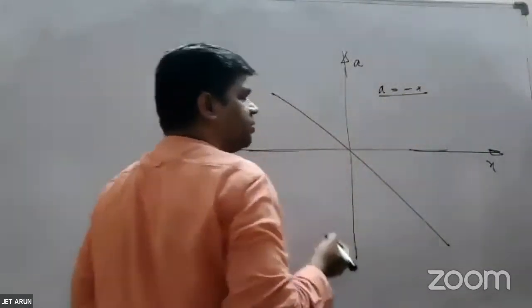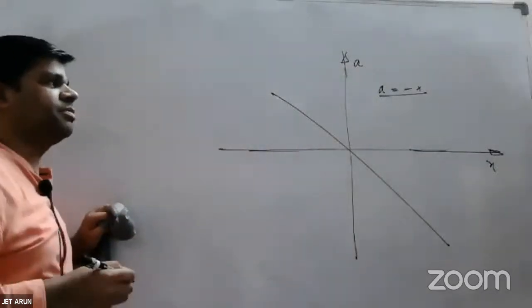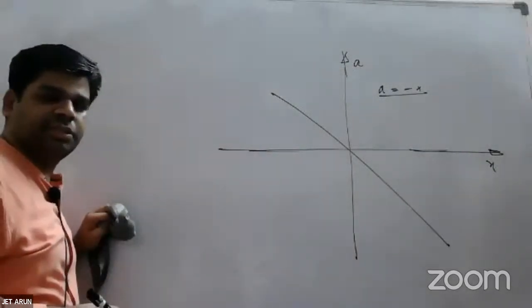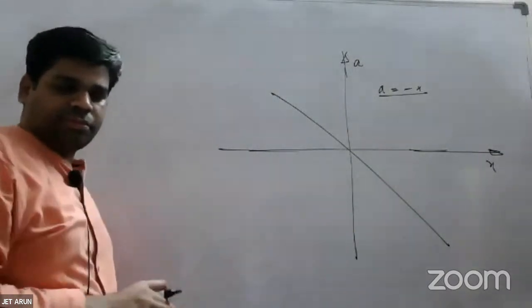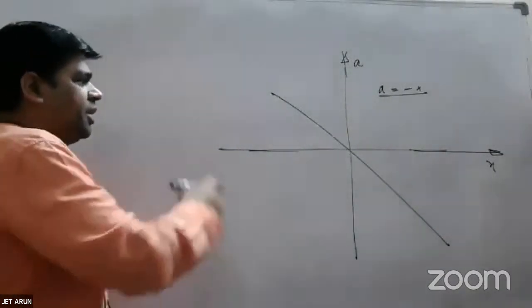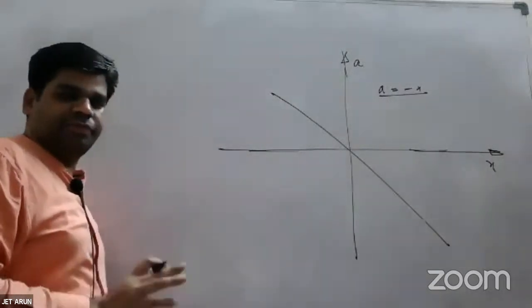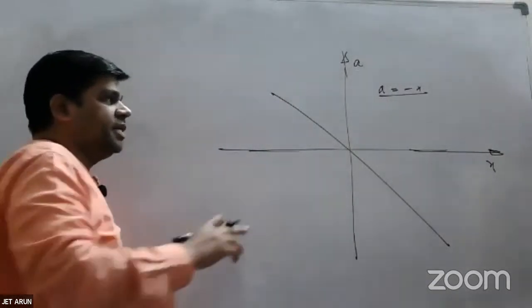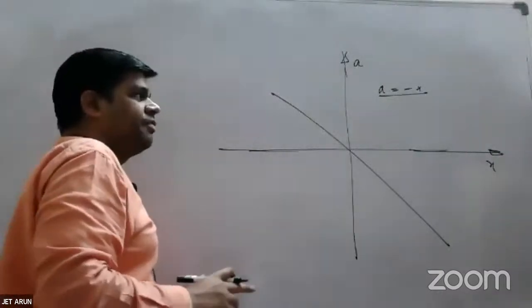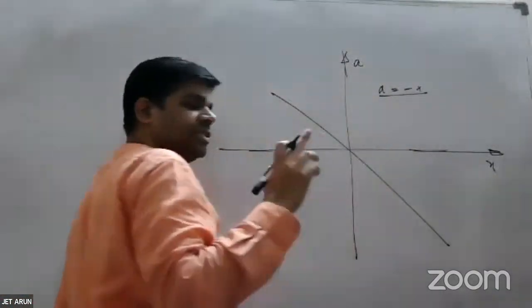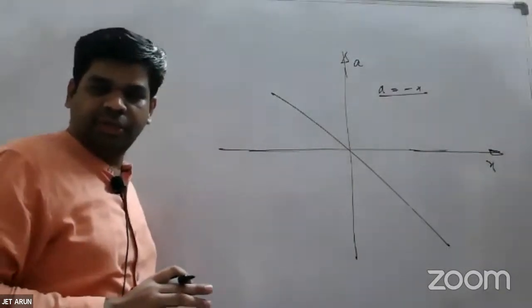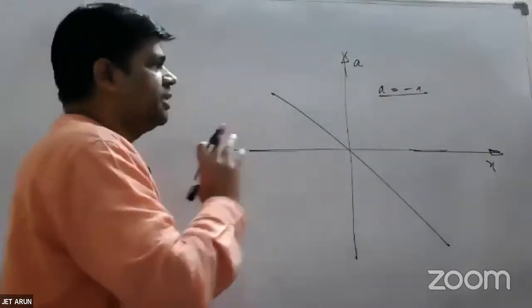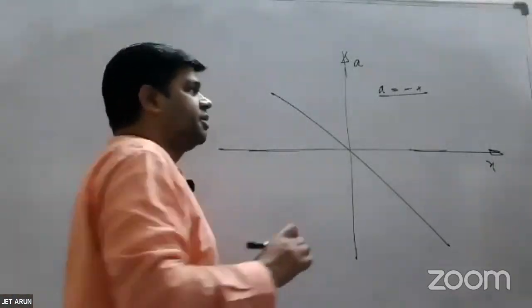It could be minus k naught x also, or minus 2x, minus 3x, minus root 3x, anything. But for simplicity, I've taken minus x, so that our equations will be a little simple. Only for that. Because if I take a is equal to minus x, I'll get circles. If I take a is equal to minus k naught x, I'll get ellipses. Because conic sections is not done in physics, I didn't do that. So simplicity is a is equal to minus kx. You understand, right?